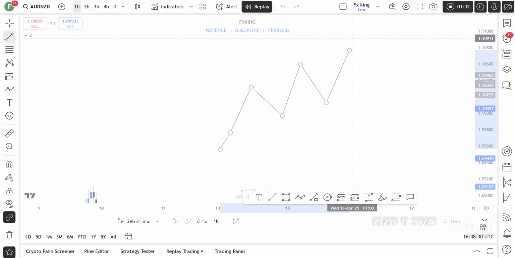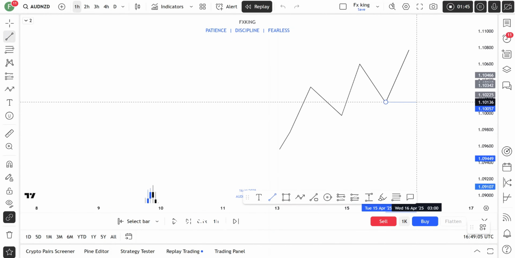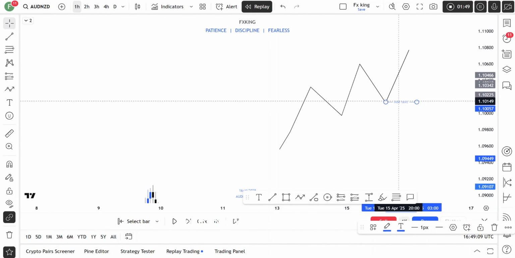Remember, you start from where price is and you look downward, right? If the market is going up, we start from here, we look downward. So this is this level like this. I normally label it with an X like this.